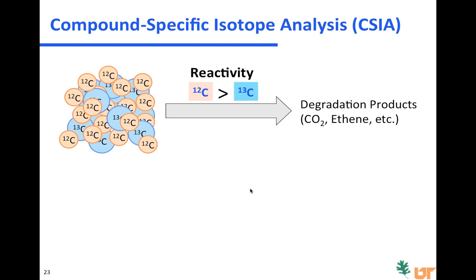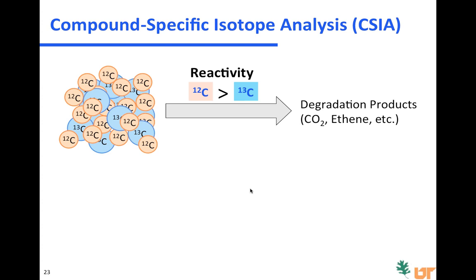So now you do this at one time point, and then you come back later and do the same measurement. Now C12 is more reactive than C13. What it means is that for microbial processes, the C12 is turned over faster than the C13 vinyl chloride.